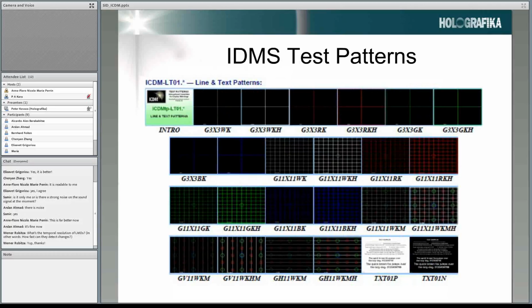Or other patterns showing line patterns or dots or text patterns, so that one can use these to measure the alignment, or for example some temporal instability of the display. What is important is not that these patterns are difficult to make, but that everybody is using the same patterns for the same measurements.